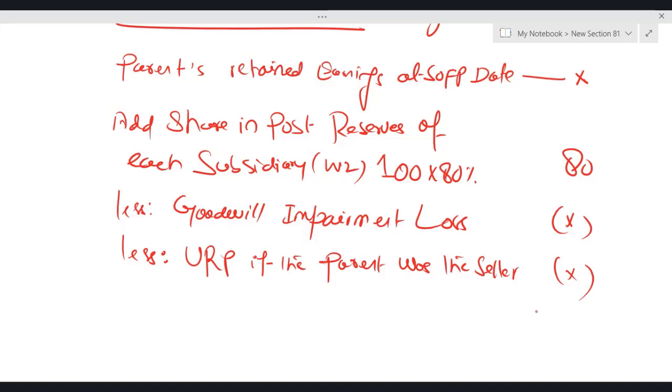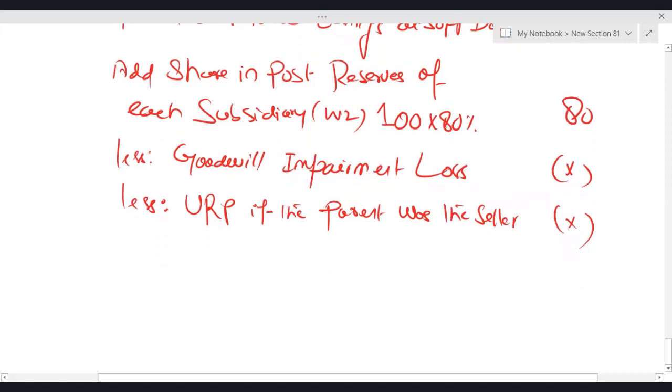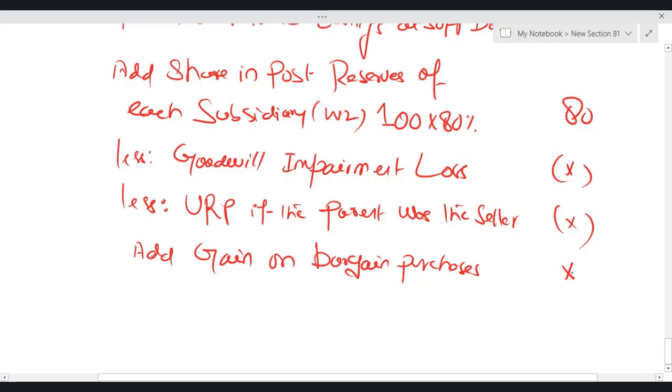It is simply the gain for the parent, another name for negative goodwill, a more sophisticated name. So simply add it.